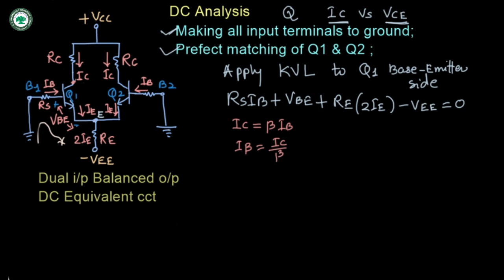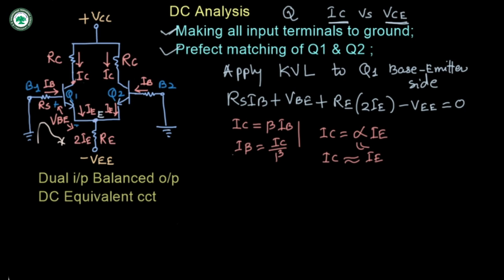This is one thing. And the second thing we will be considering is IC is also equal to alpha into IE. The term alpha is almost equal to 1 or slightly less than 1. So we will be considering IC is almost equal to IE.